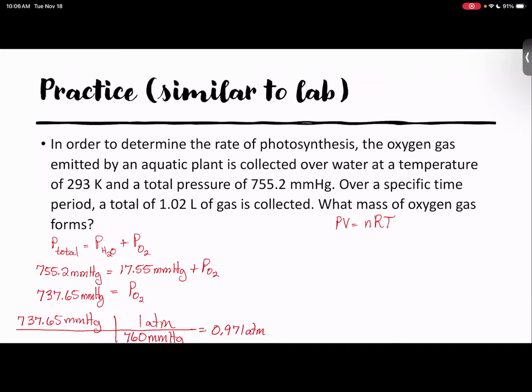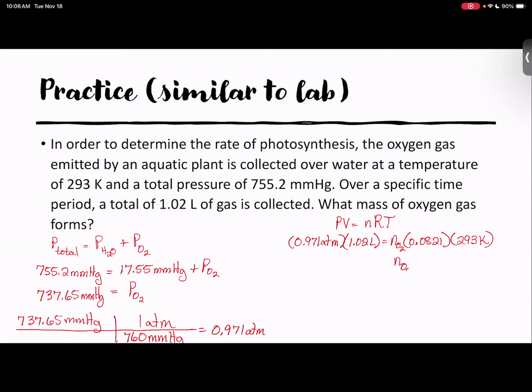We can now use PV equals nRT. Our pressure is 0.971 atmospheres. Our volume is 1.02 liters, is equal to the moles of oxygen gas times R, which is 0.0821 atmosphere liters per mole Kelvin, times the temperature of 293 Kelvin.